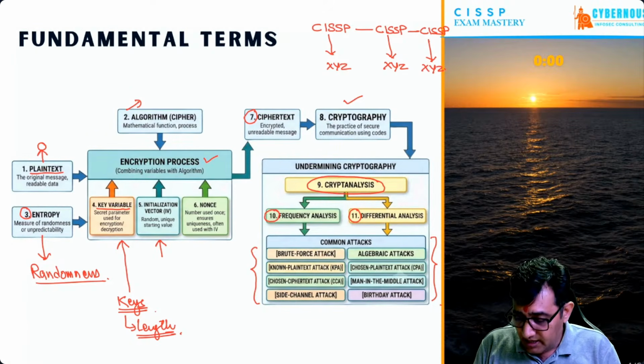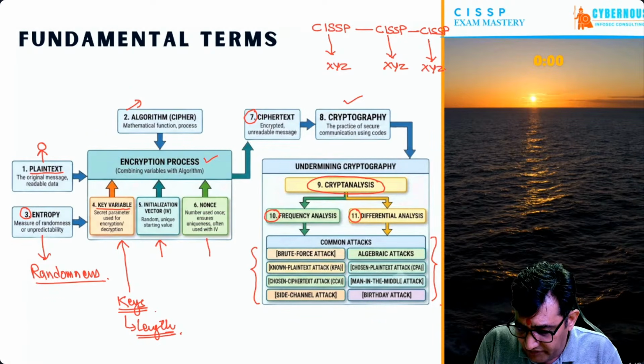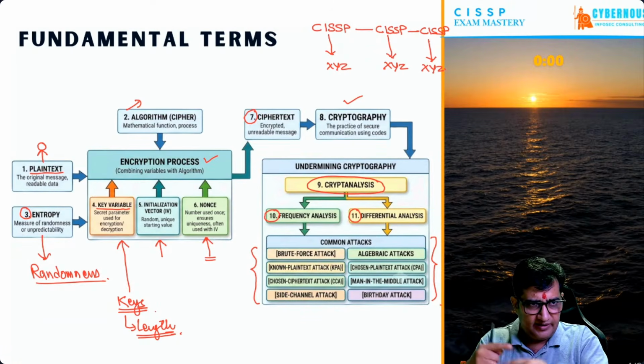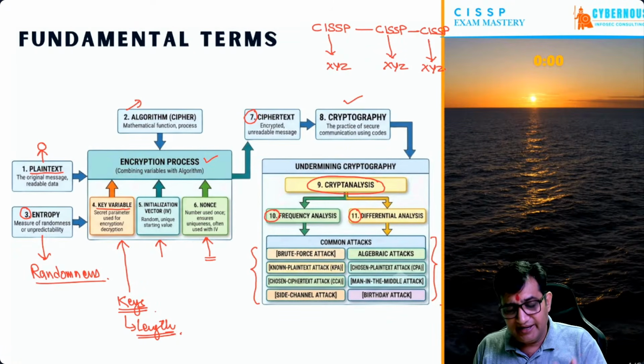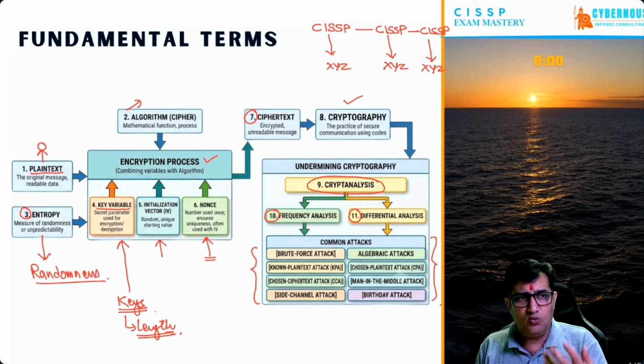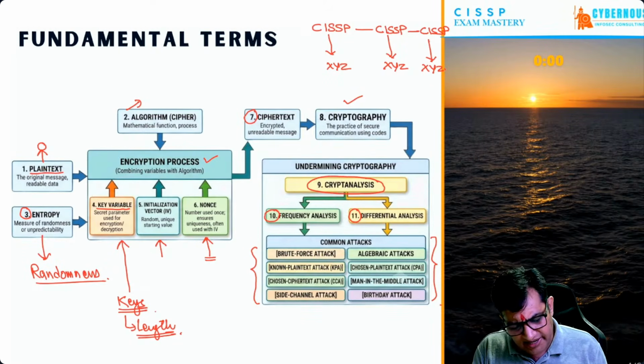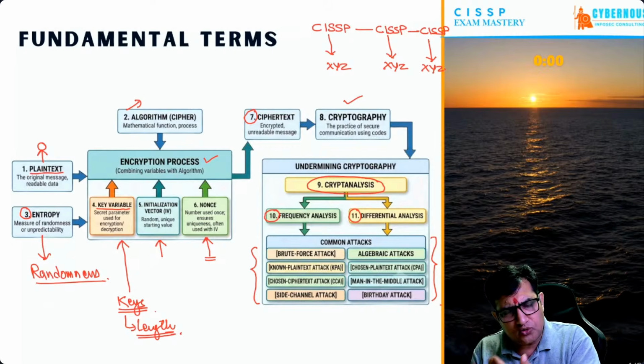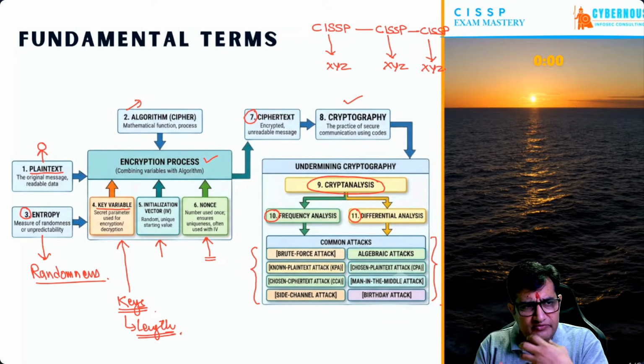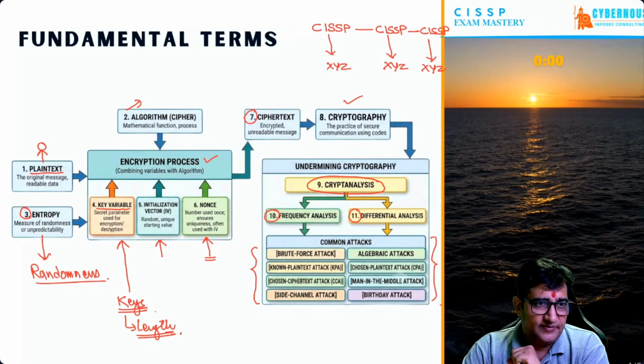Now, there is another way in which we can add randomness in the entire cryptographic implementation, and that is by using the nonce. Now, what is a nonce? Just like an initialization vector, a nonce also is a random value which we mix with the plain text. But here is the change.